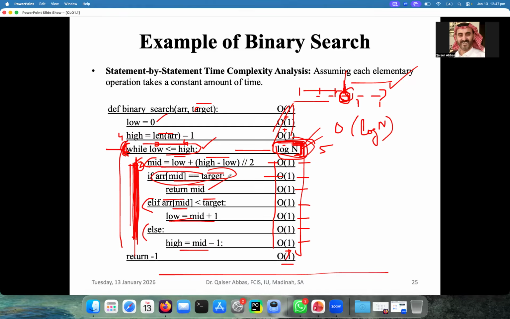You will make only one comparison. That would be the best case, if you find your target at the first comparison. And here you are executing this loop only one time. And this is also order of 1, order of 1, order of 1.